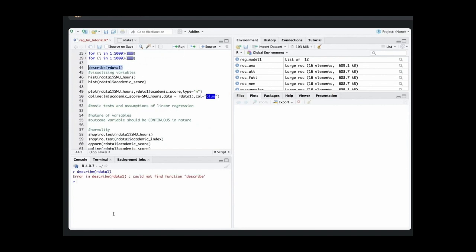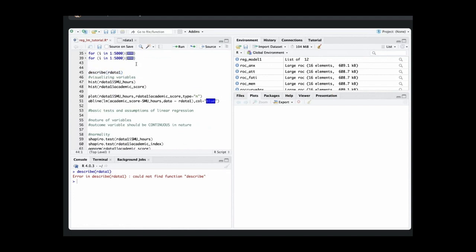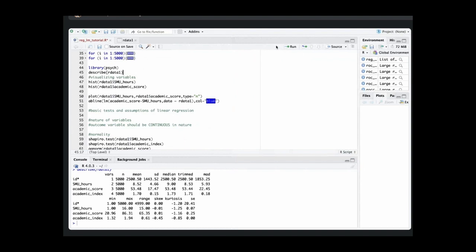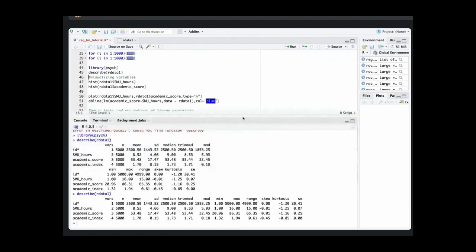Right. So R tells me that it could not find the function describe because we did not load the package, right? So I'm just going to load the package. It's contained in psych, right? So I've loaded the package and now it's going to show me some quick descriptive stats for my data, right?